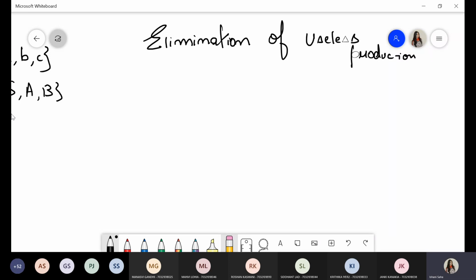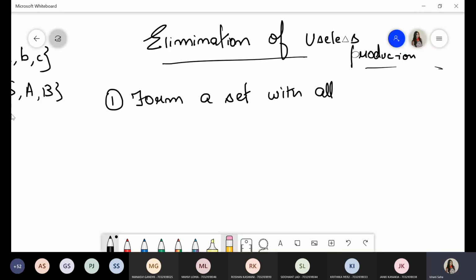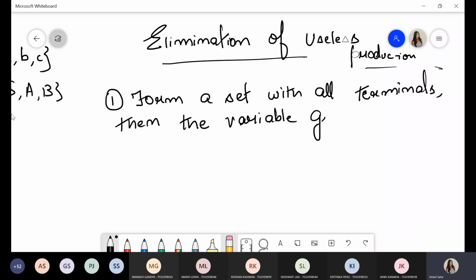And what is that thing is, I'm going to write it in the form of this expression. So first thing is that you have to form a set with all terminal symbols, with all terminals, and then the variables generating those terminals.